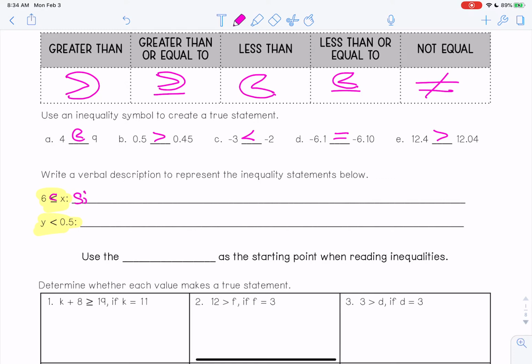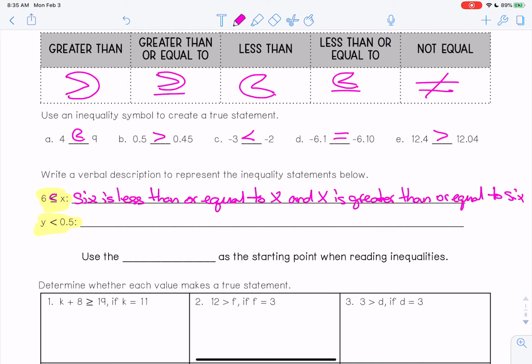So 6 is less than or equal to X, or you could say, and X is greater than or equal to 6, okay?